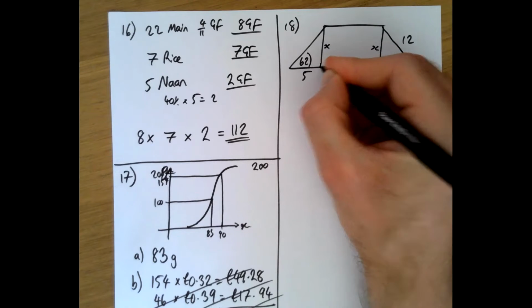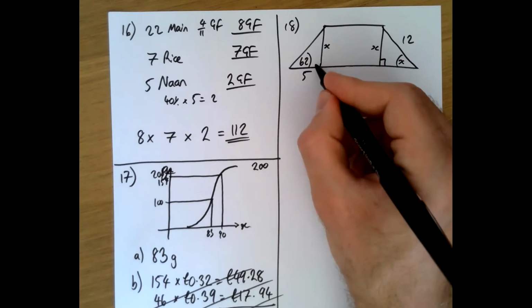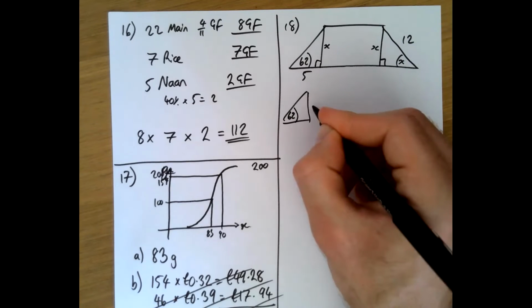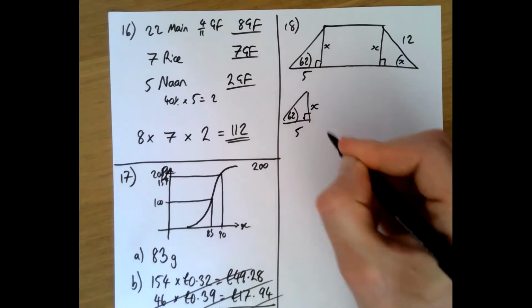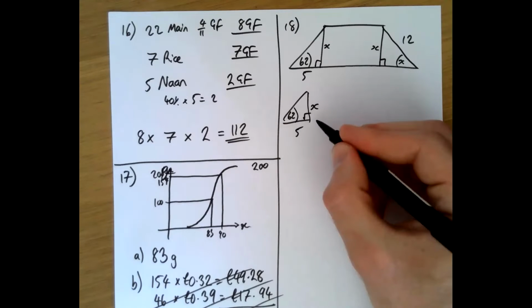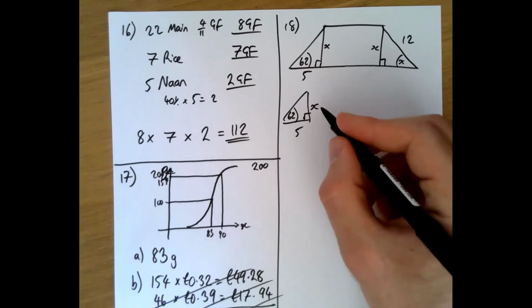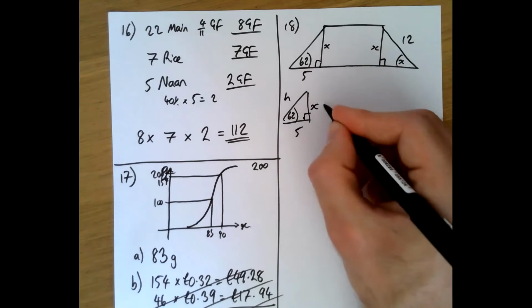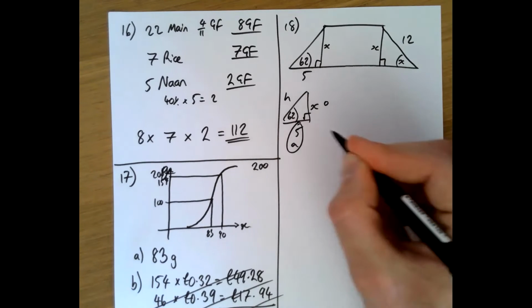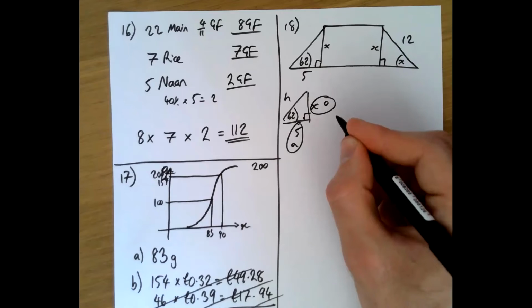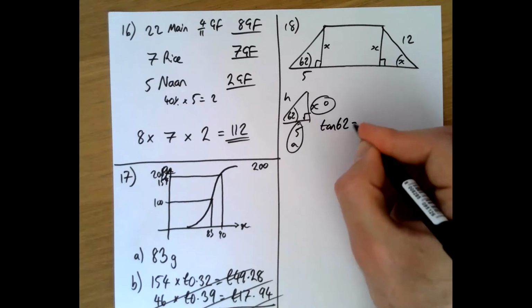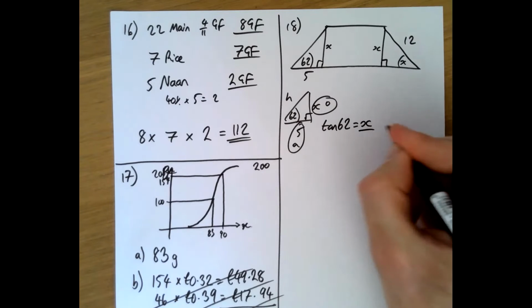So if I draw the triangle on the left out, if that's 62, that's X, that's 5. I've got a right angled triangle. This one is going to be SOHCAHTOA. So label it up: hypotenuse, opposite, adjacent. I've got the adjacent. I'm trying to work out the opposite. So tan of my angle equals opposite over adjacent.